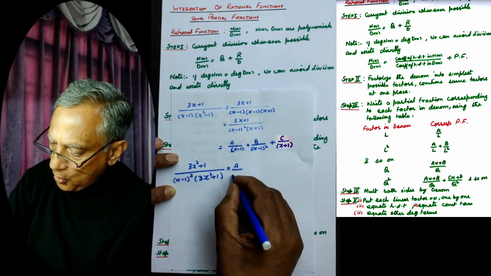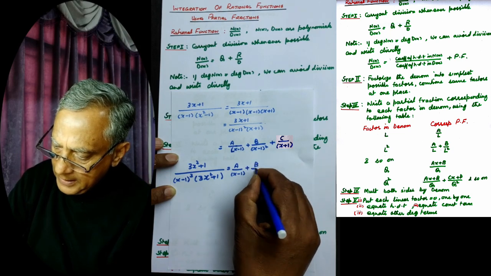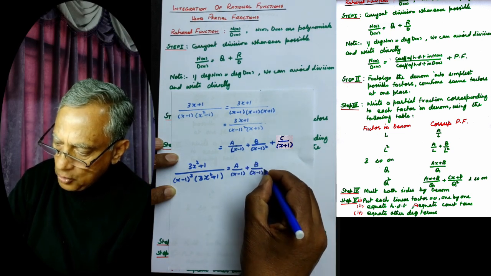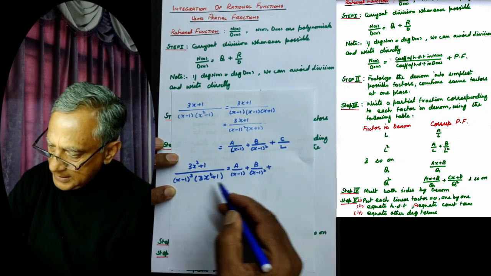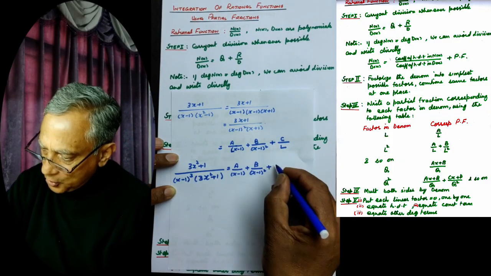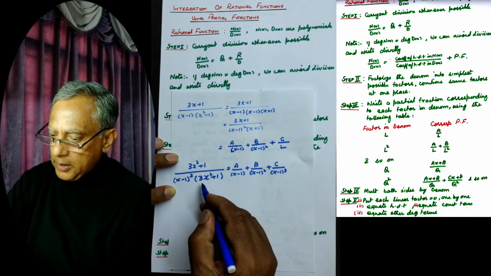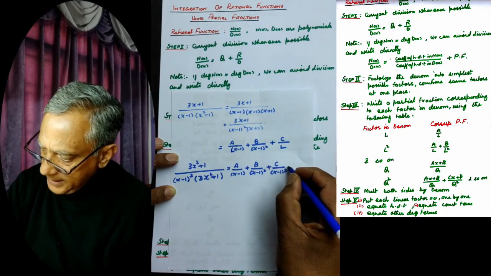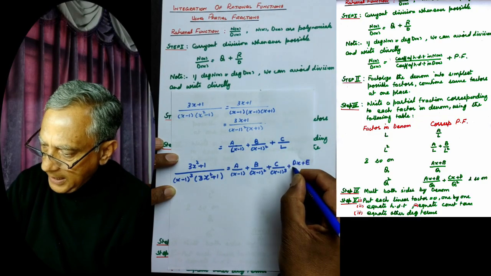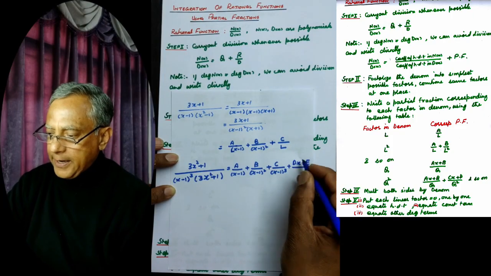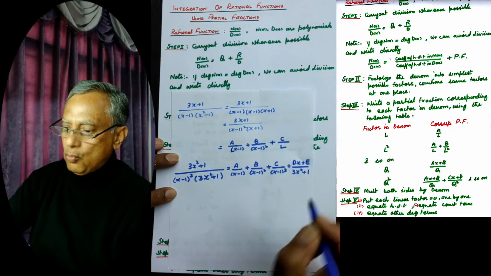This is linear cube, so we will increase the powers 1 by 1: plus B over x minus 1 whole square plus, now this is x minus 1 whole cube, so this will be C over x minus 1 whole cube. Now we have quadratic. For quadratic we will write a linear here: Dx plus E over 3x square plus 1.